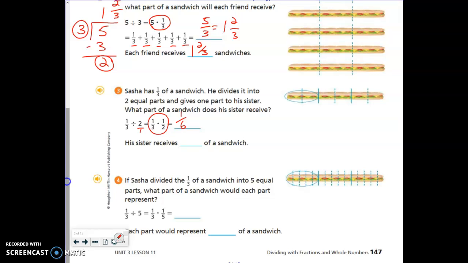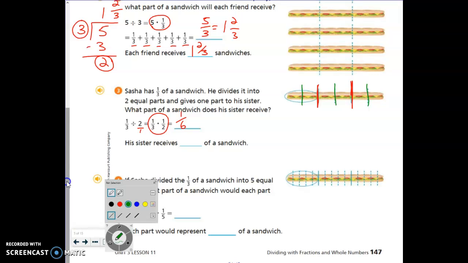This is one where I think the picture really helps us. If we look, and I'm going to change colors here, if I've got my sandwich broken up into thirds, which I've been working with all the way through, I'm now going to change colors and show you how dividing each of those thirds into 2 pieces gets me the answer that I'm looking for here. So if I'm breaking each third into 2 pieces, now his sister is going to receive 1/6 of that sandwich.